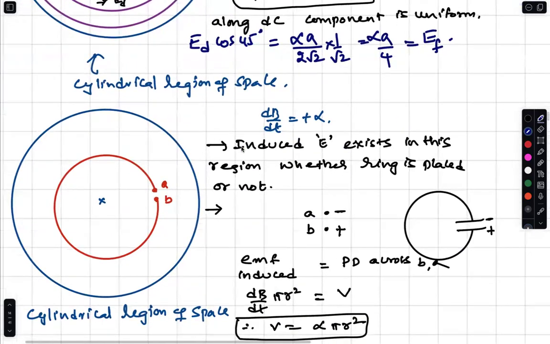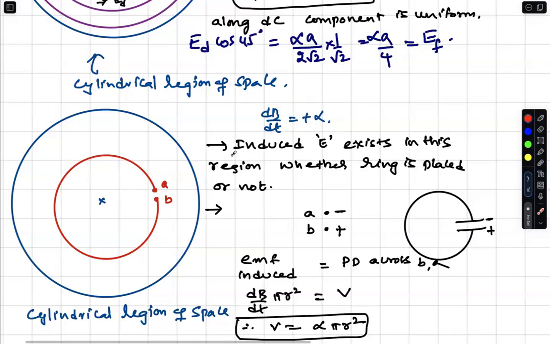You have a cylindrical region of space. Fine. And instead of a closed conductor, I have introduced something with a slit open. A slit part is open. Then what happens? dB by dt is varying according to this relation, plus alpha.